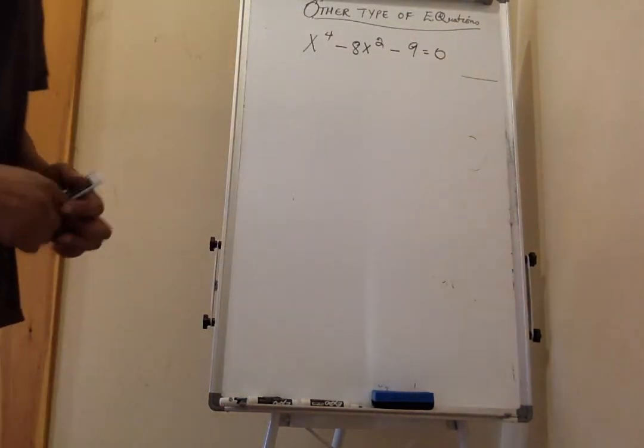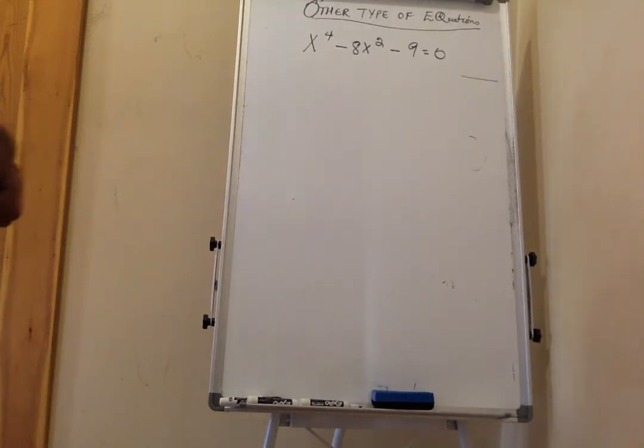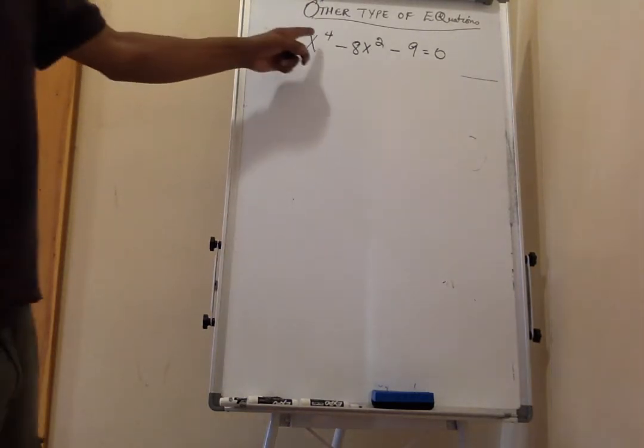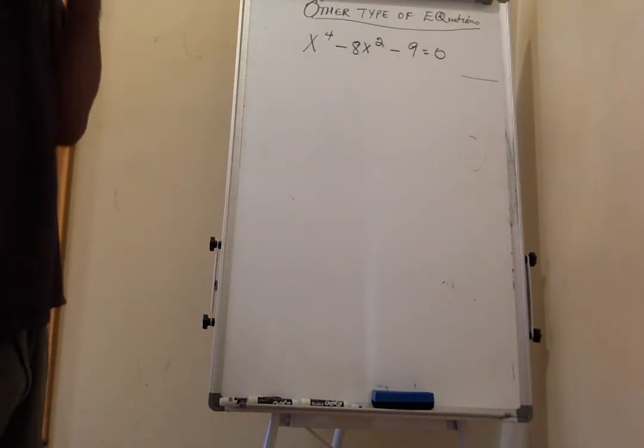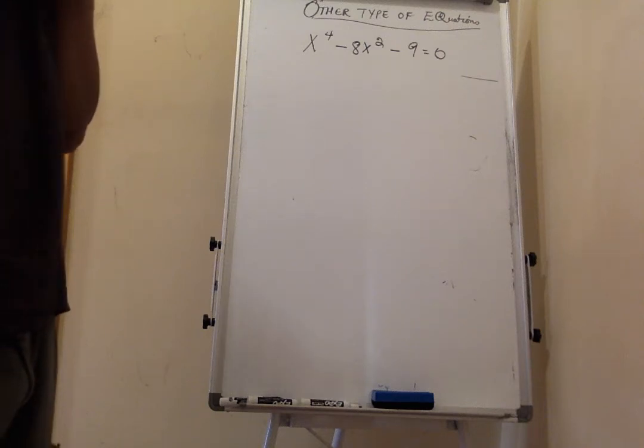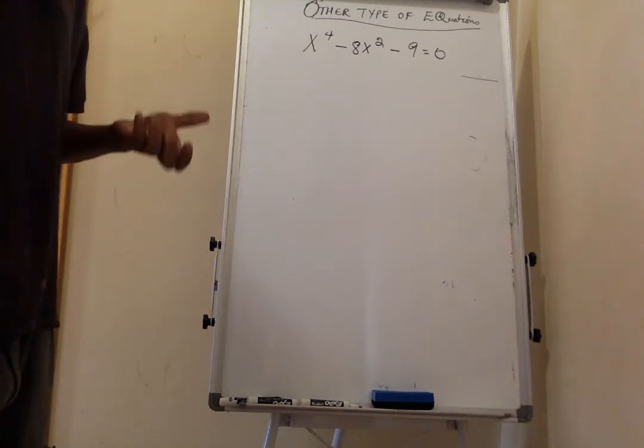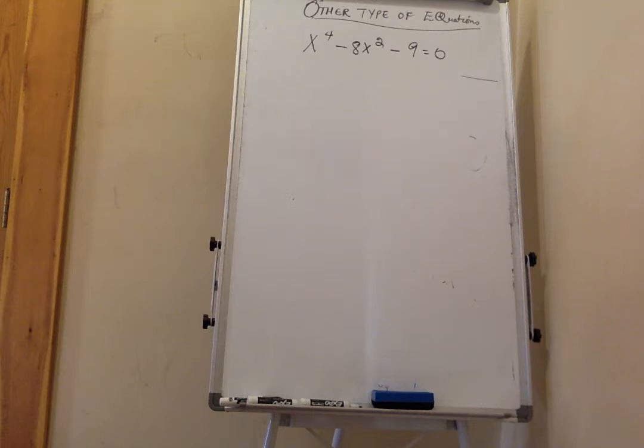At face value, this looks like a trinomial, but it is not a trinomial because the degree is 4. A trinomial has to have a degree of 2. So we cannot treat it as a trinomial yet.